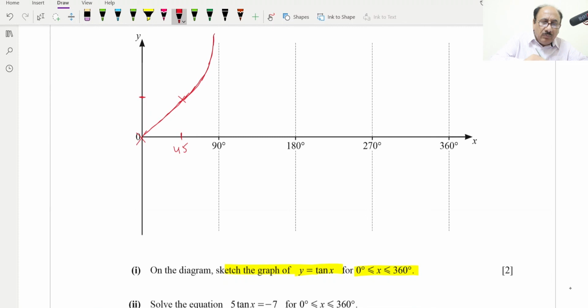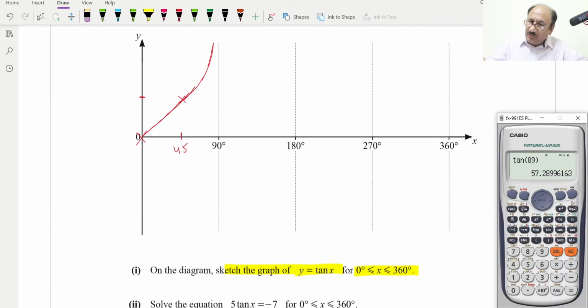It will be moving upward, but we cannot go beyond this line, so we'll go up to this line. Keep in mind, this will not be touching this dotted line, which is the asymptote line. So we can go ahead for 180 also. If we check tan of 180, it will be equal to 0.